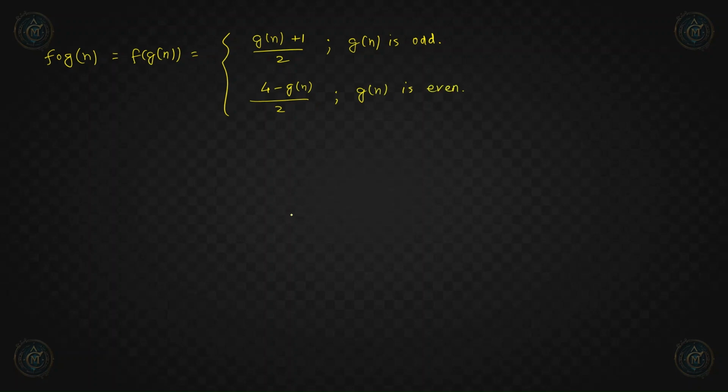So now we have to take cases where gn is odd and gn is even. We have to analyze the gn function.